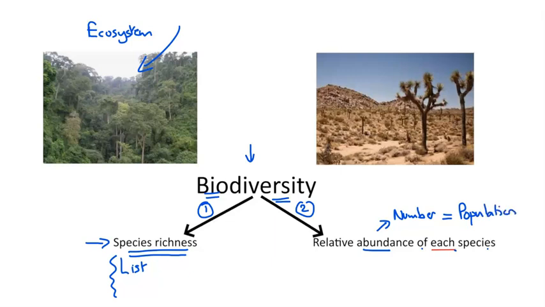And we've already studied quadrating techniques for determining population sizes. And so our biodiversity contains not just the list of species, but also the relative abundance of each of those species. In other words, we would need to calculate the population of each of those species for our measure of biodiversity.